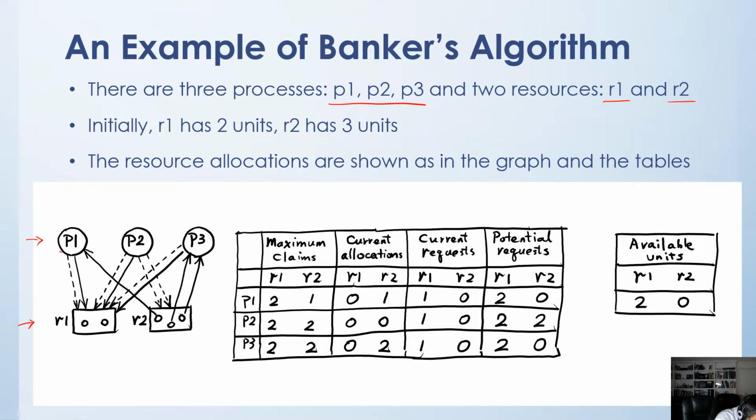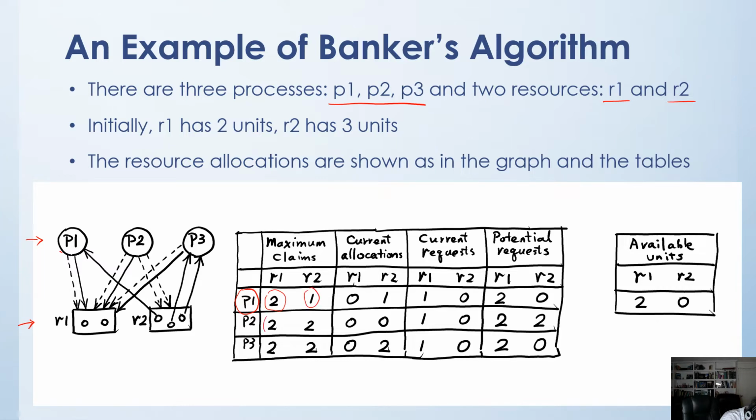Now the resource allocations and also the claims are shown in the graph and the table. That's the resource claim graph. Now in this graph, you can see that process 1 has a maximum of 2 claims for R1 and a maximum of 1 claim for R2.